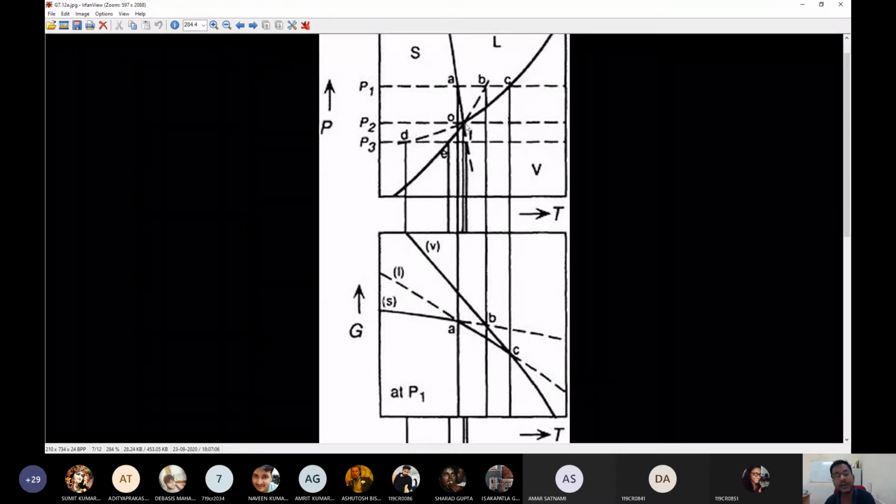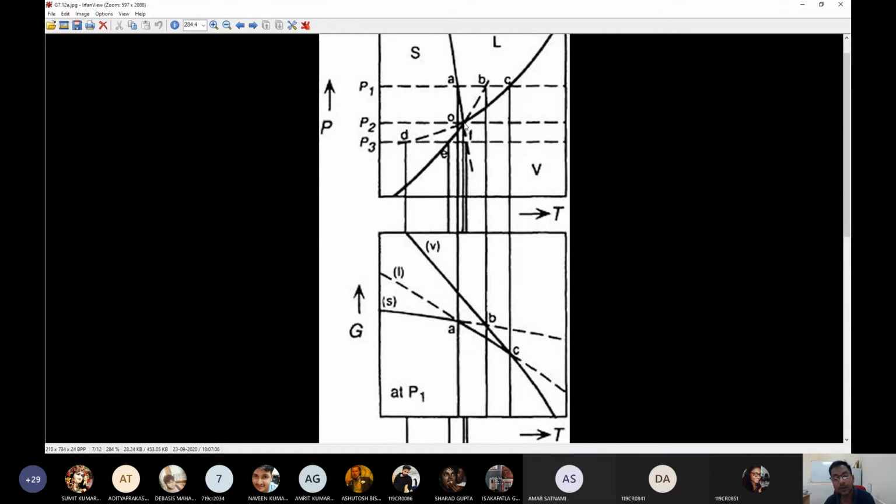Interestingly, after this point TO and beyond, you don't get the liquid phase. What you get is the vapor phase. So it's a direct solid to vapor transition when you keep constant pressure P2 and change temperature.